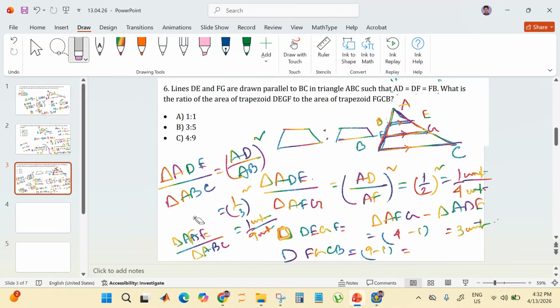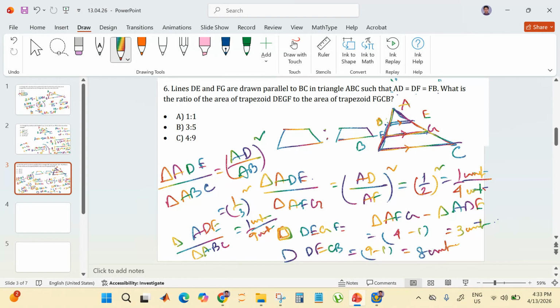Remember, if you subtract them, then basically you are finding this one, DECB, this trapezoid, but this trapezoid is not asked. Okay, fine, take ADE here, then one more step is required. So it is not FGCB. This is basically DECB. This is 8 units.